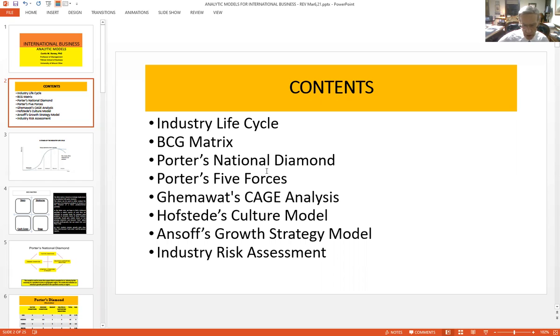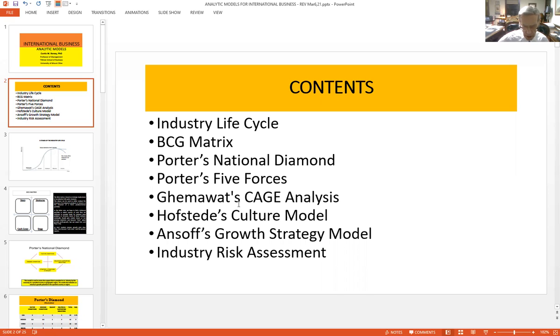Porter's National Diamond tells us how to assess the economic forces that either make an industry able to flourish and grow or otherwise. Porter's 5 Forces is a model that helps us estimate the profit potential of companies in an industry.